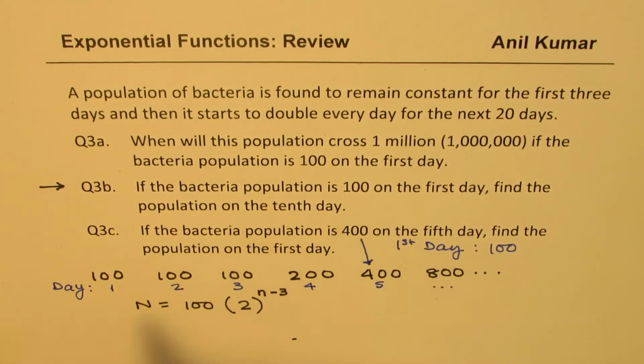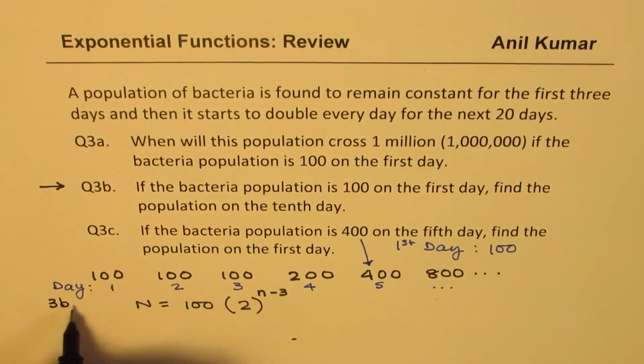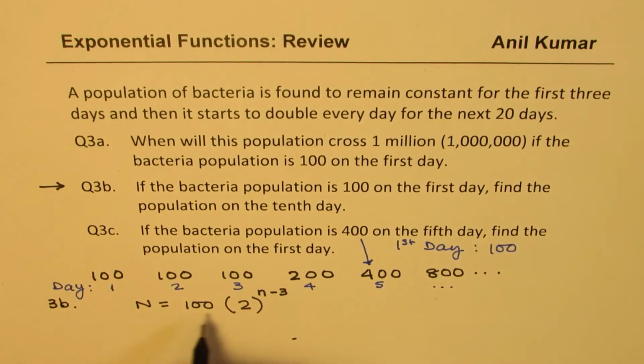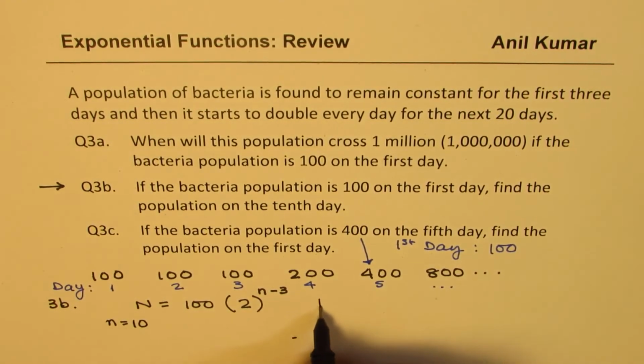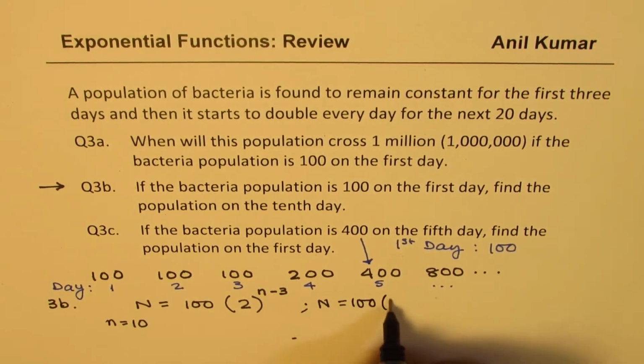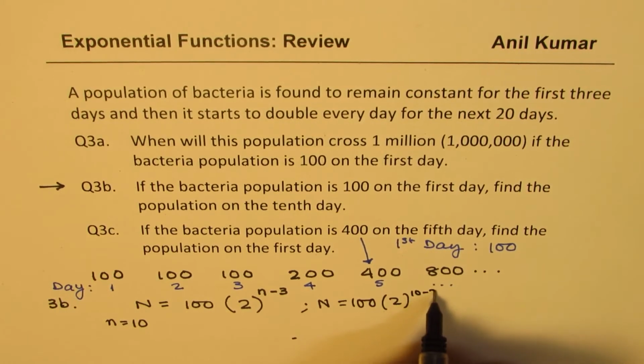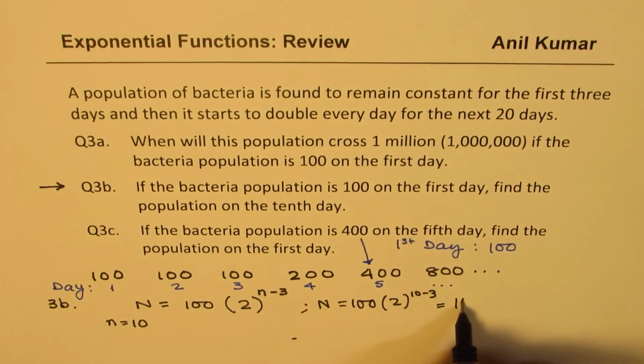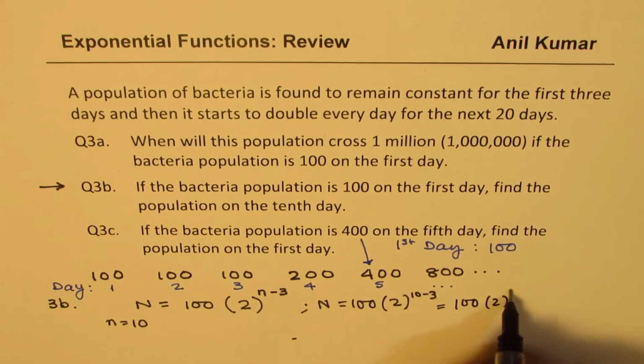And that is how we get our equation. Now if you want to find for 3b what happens on the 10th day, that is to say n equals 10, in that case the number of bacteria will be equal to 100 times 2 to the power of 10 minus 3, which is 7. So which is 100 times 2 to the power of 7.